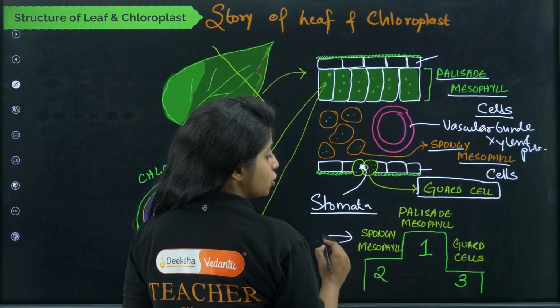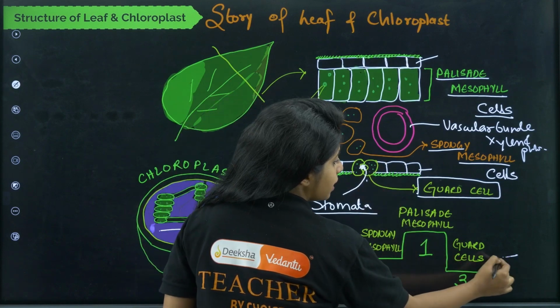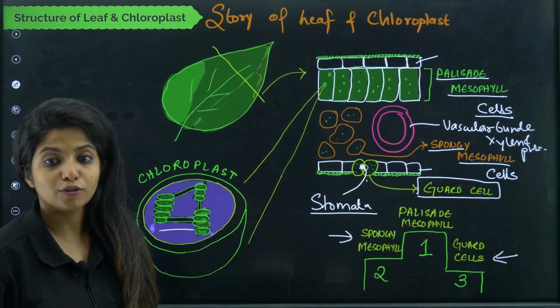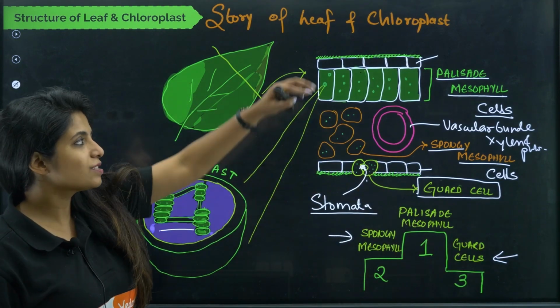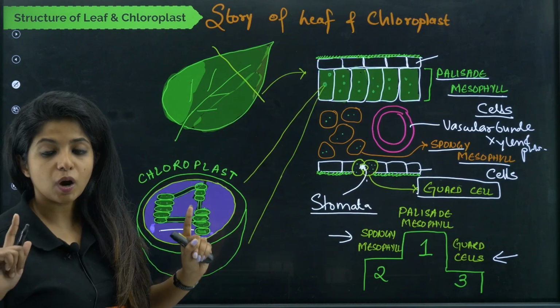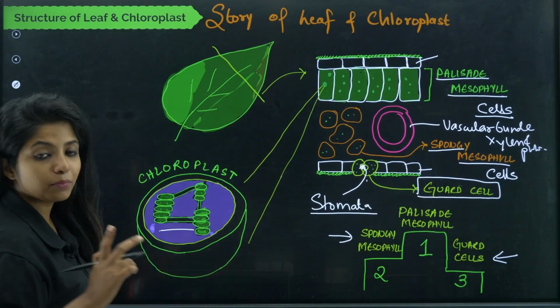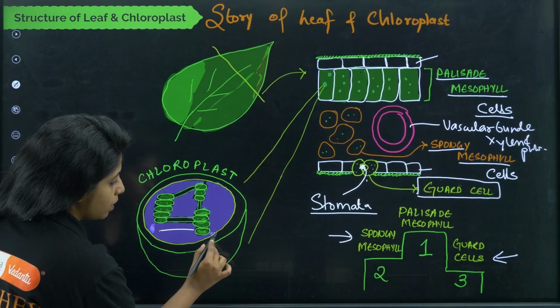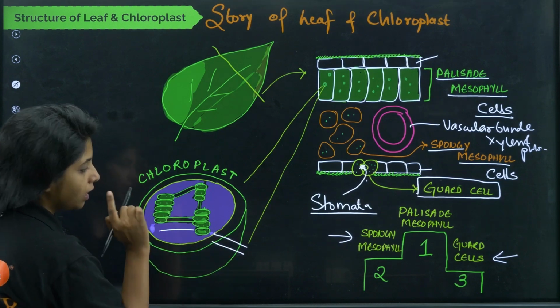Second position is spongy mesophyll. Third position is guard cells. Please remember, they also have it. Now, if we see the structure of one chloroplast, it is a double membranous organelle. It has two membranes, an outer membrane and an inner membrane.